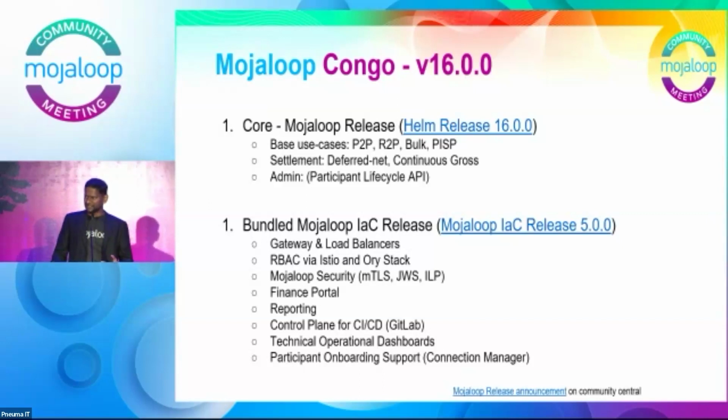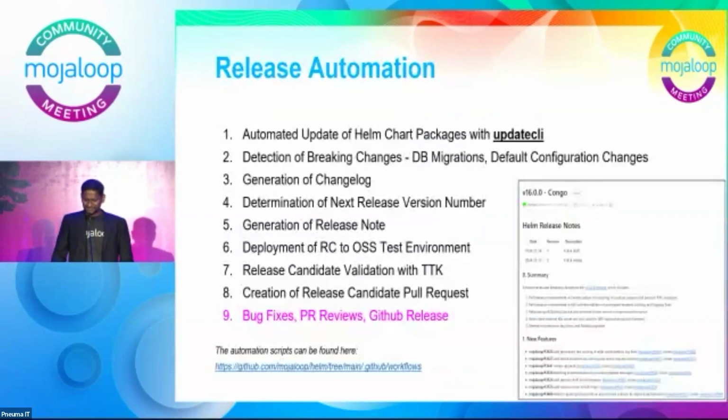We look at the gateway, the load balancers, identity and access management for role-based access control, security services, finance portal for backend operations, reporting services, deployment support tooling, and dashboards and monitoring tools as well. So David will go into detail on that later on. With that, we'll go into the release automation part, and Stephen from the team will talk about the steps we took to make our process more efficient and reduce the cycle on our release management.